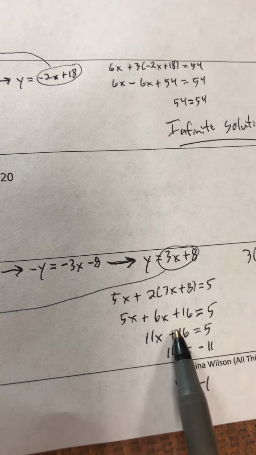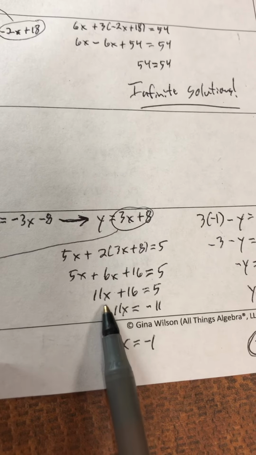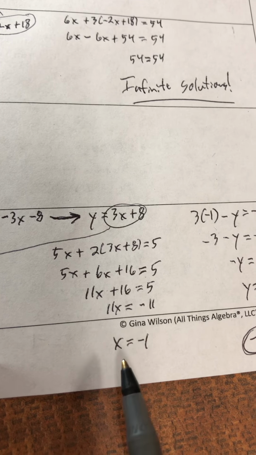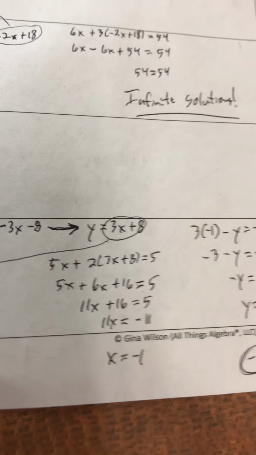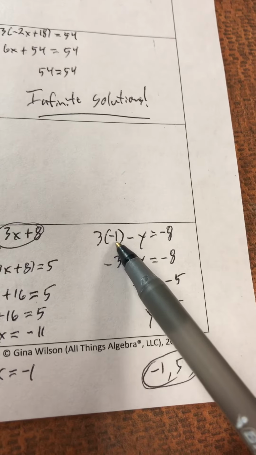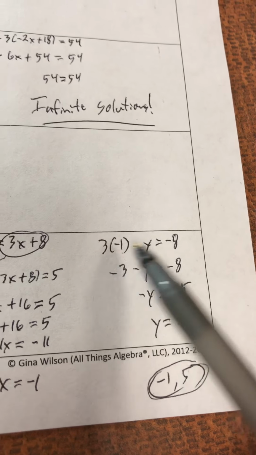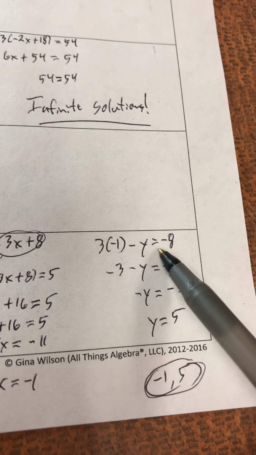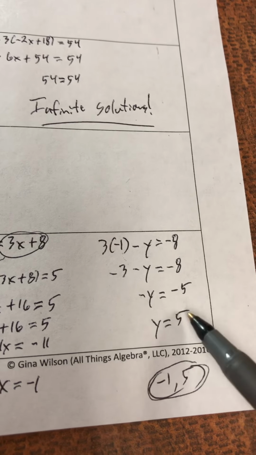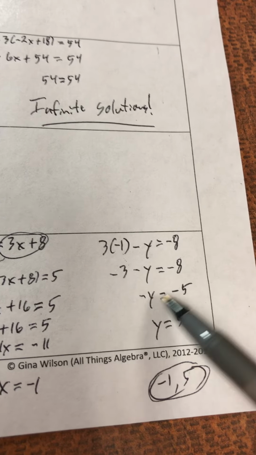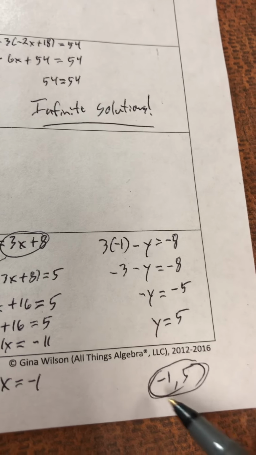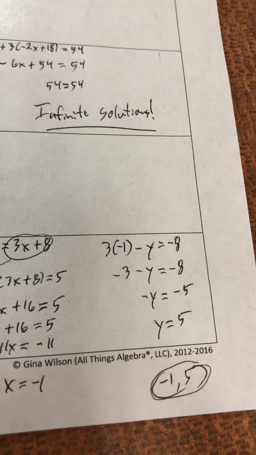I use the distributive property, combine my like terms, isolate the variable. I get -11 divided by 11, x equaled -1. I plug in that -1 into the first problem because that was the easiest one. And I get 3 times -1 minus y equals -8. Isolate the variable, and I get y equals 5. So you should have -1, 5 for your number 11.